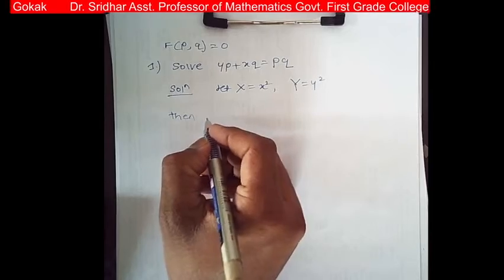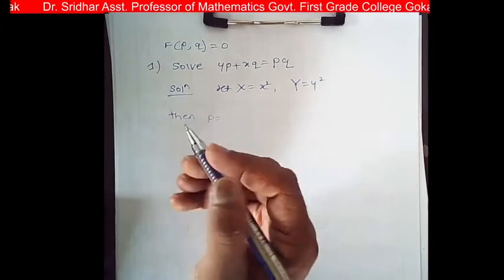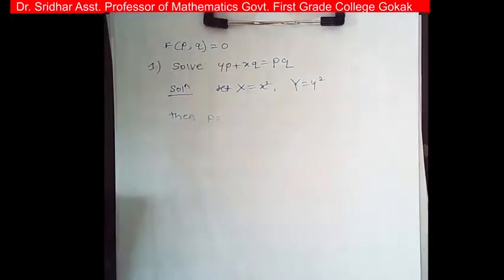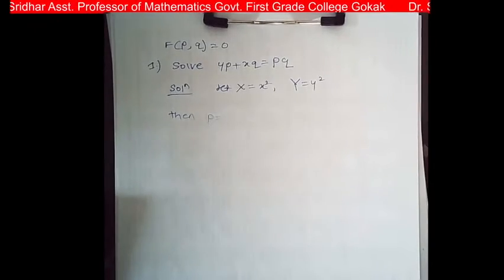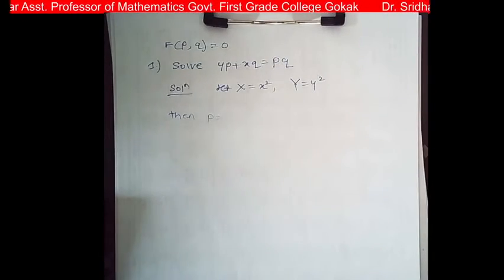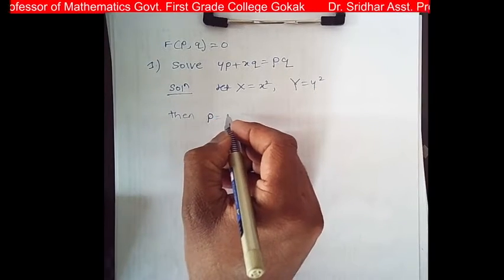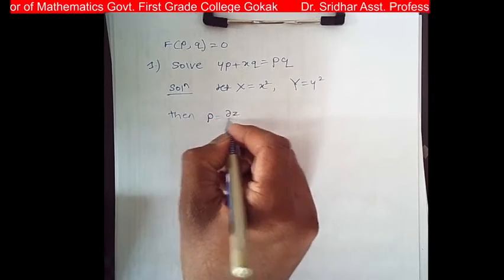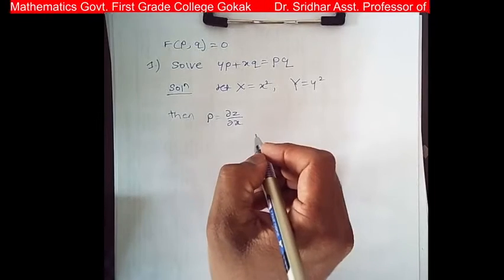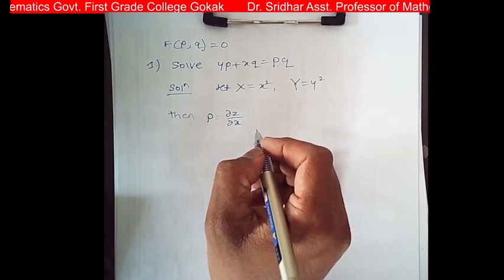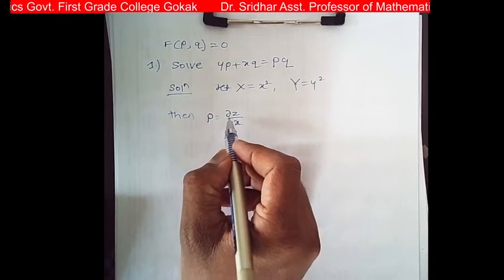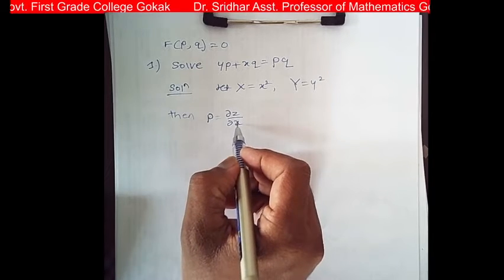Then we find the p value. That is, p means what? It is nothing but dou z by dou x. So now we have to differentiate z with respect to x.